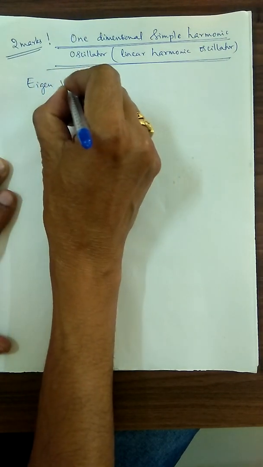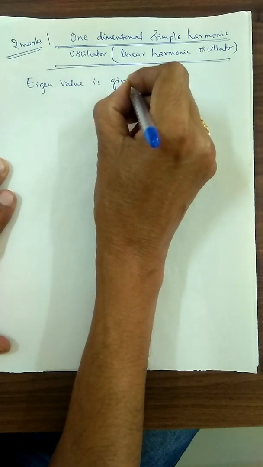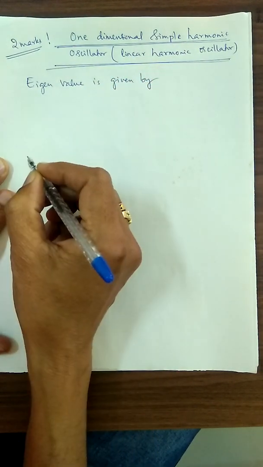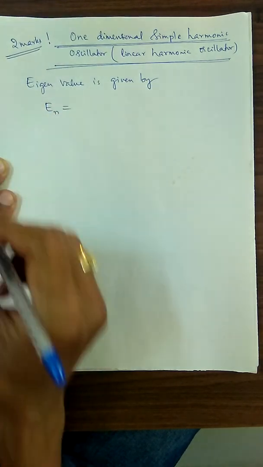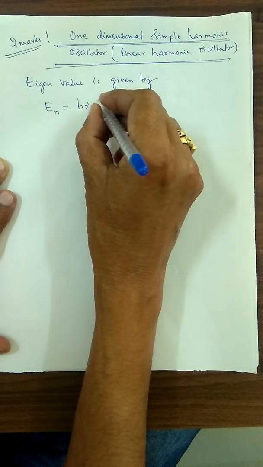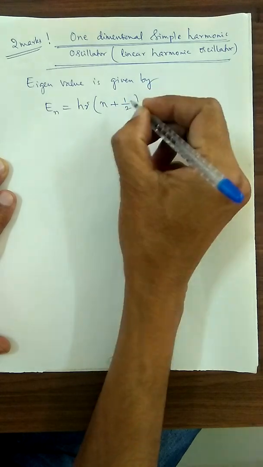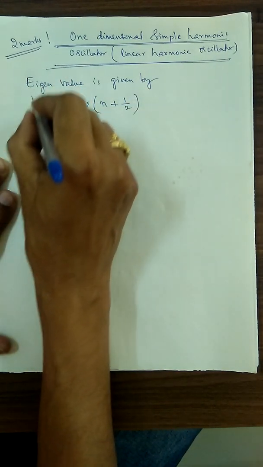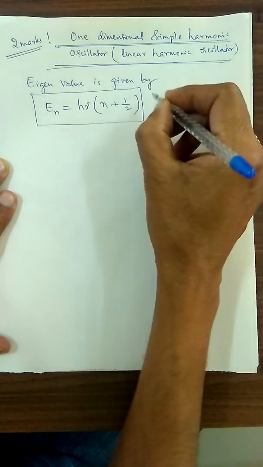Eigenvalue is given by En is equal to h nu into n plus half. This is the eigenvalue. That's all you have to write.